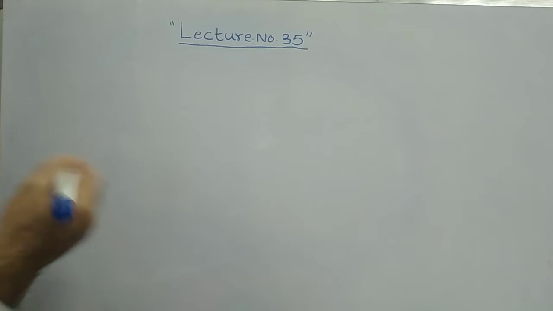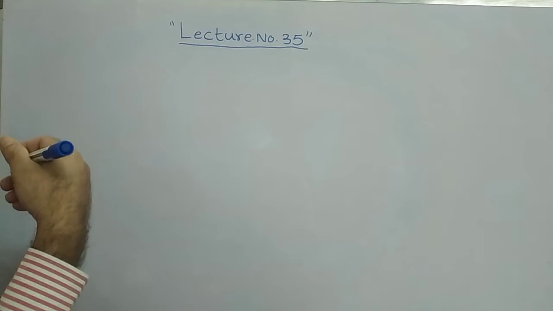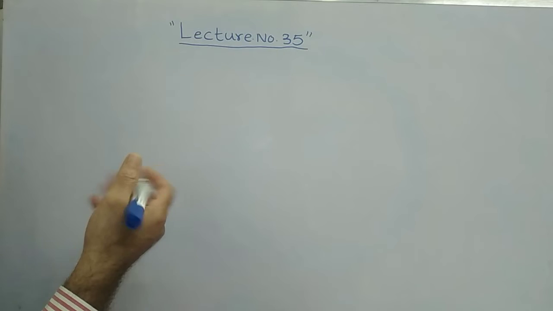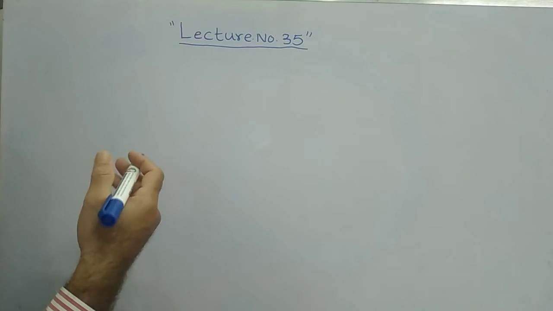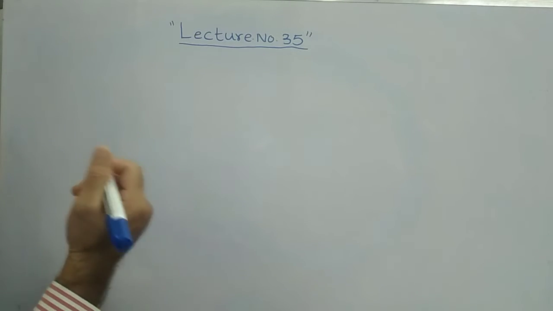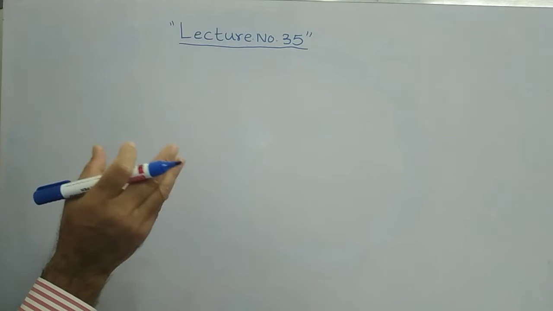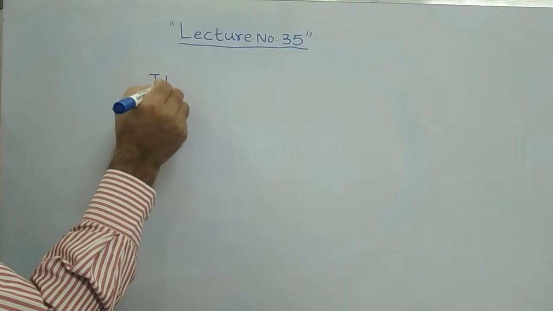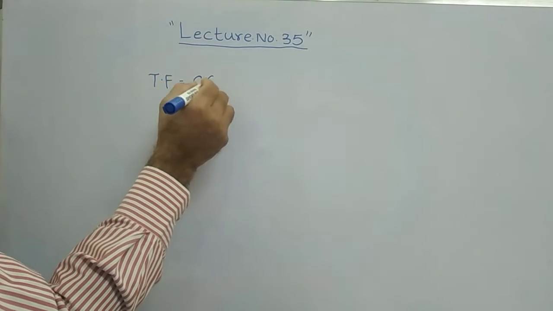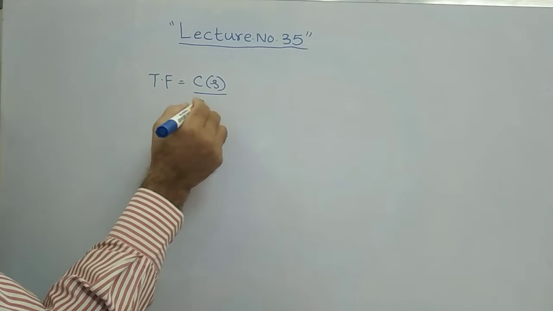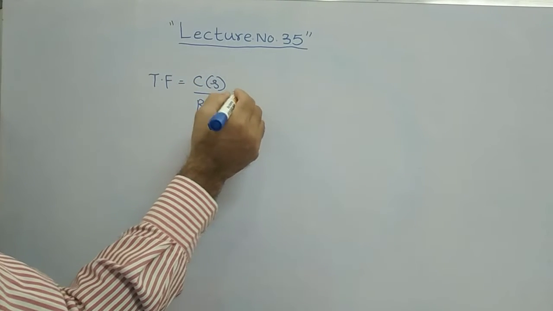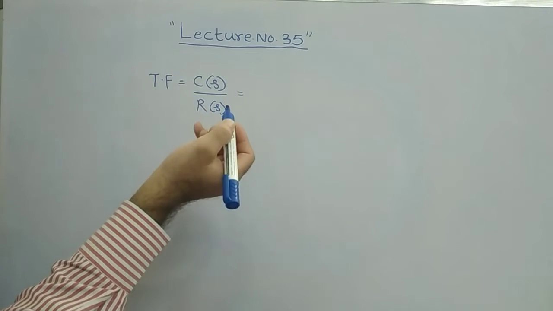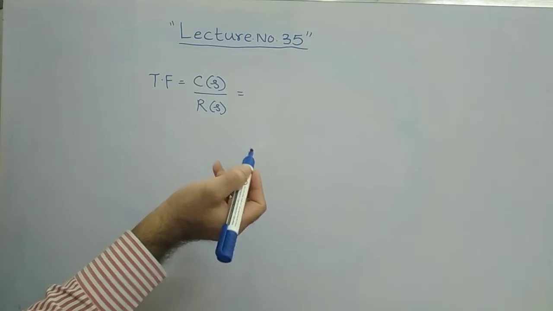Normally, as we have been discussing in our earlier presentations, the transfer function of any control system is given as C of S by R of S. If it is a closed loop control system, let us take either positive or negative feedback.